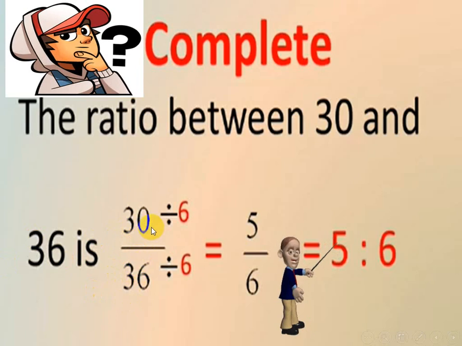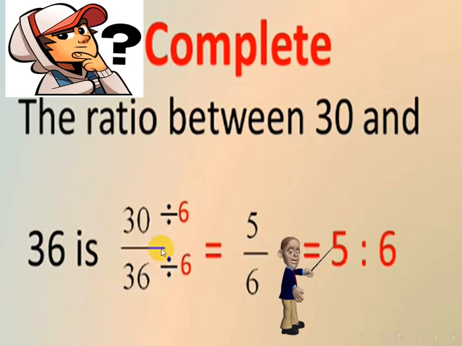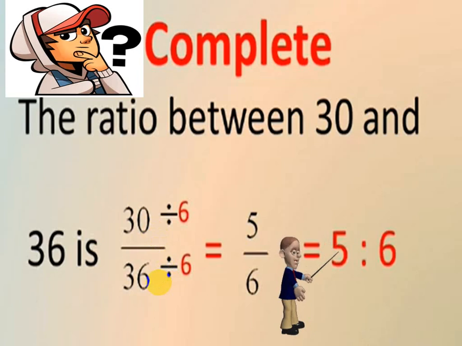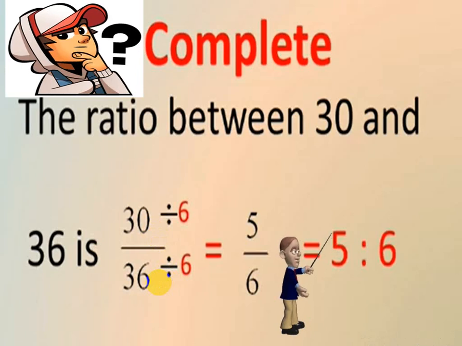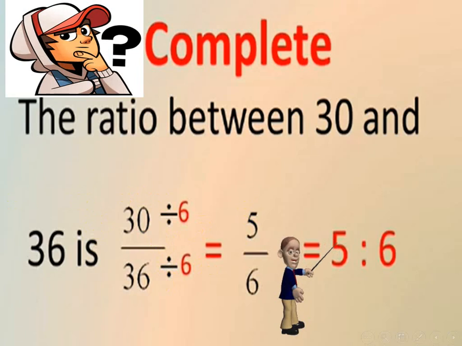So I write it as a fraction, 30 over 36. 30 is the first term in the numerator, and 36 is the second term in the denominator.